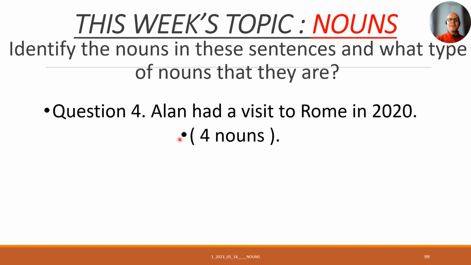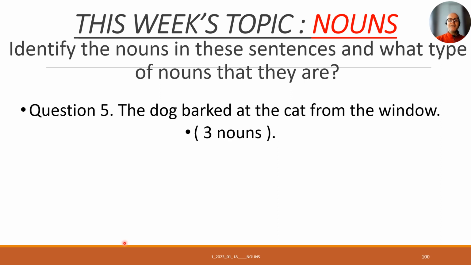Question 4. Alan had a visit to Rome in 2020. 4 nouns. Question 5. The dog barked at the cat from the window. 3 nouns. What are they, and which type of nouns are they?